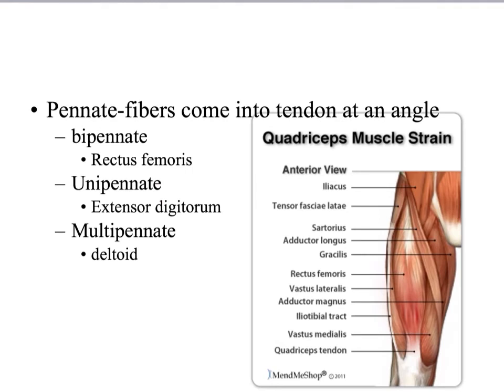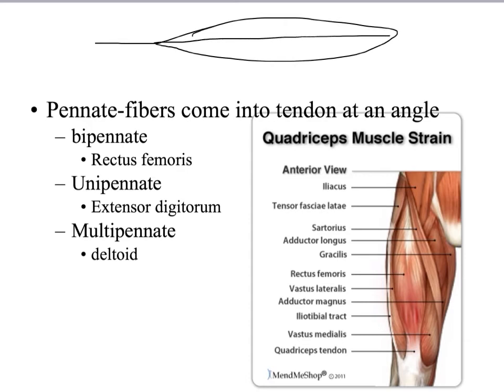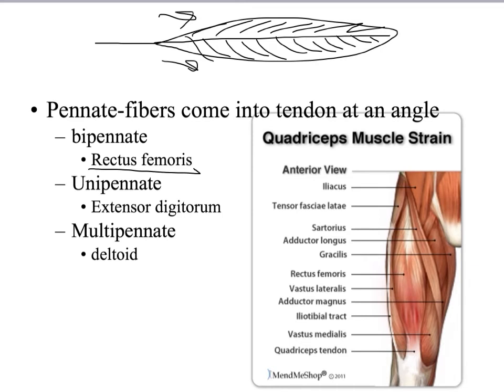The word pinnate refers to a feather. So if you were to picture a feather like that, that's very much what a bipinnate muscle would look like. Your bipinnate has both sides here, and your example is going to be the rectus femoris muscle.